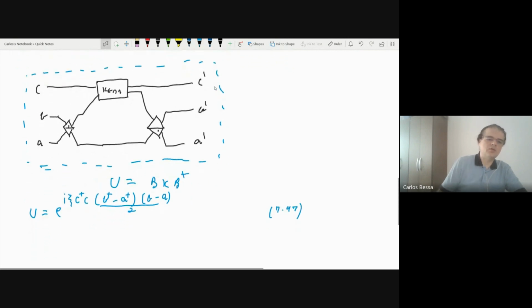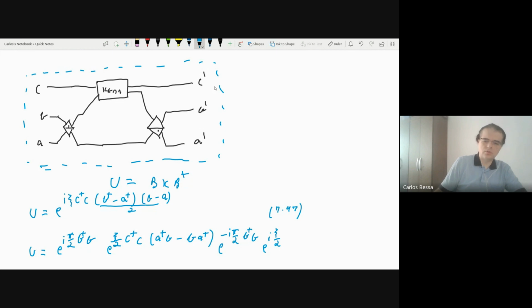We also concluded that this would be equivalent to writing it in this way: exponential of i pi over 2 b dagger b, exponential of psi over 2 c dagger c, a dagger b minus b a dagger, exponential of minus i pi over 2 b dagger b, exponential of i chi over 2 a dagger a c dagger c, exponential of chi over 2 b dagger b c dagger c.